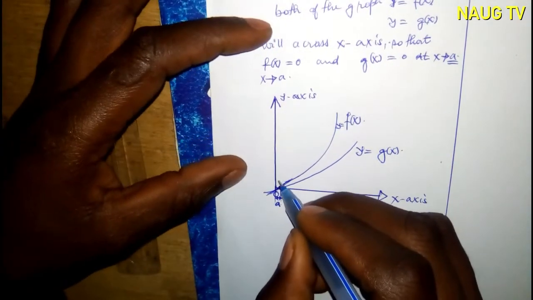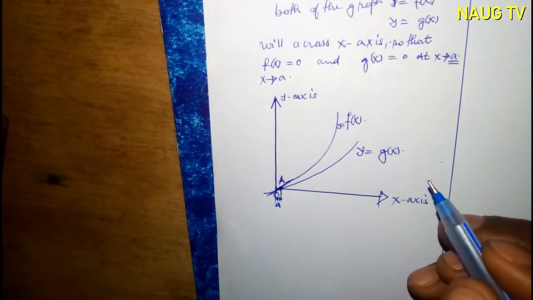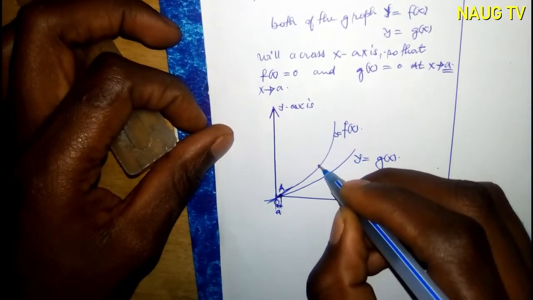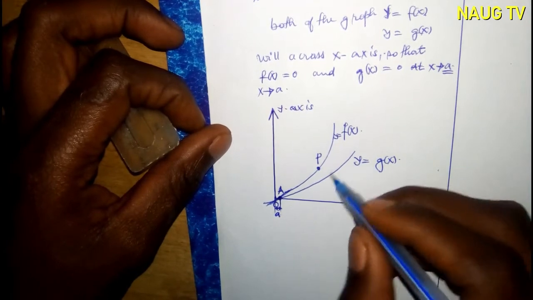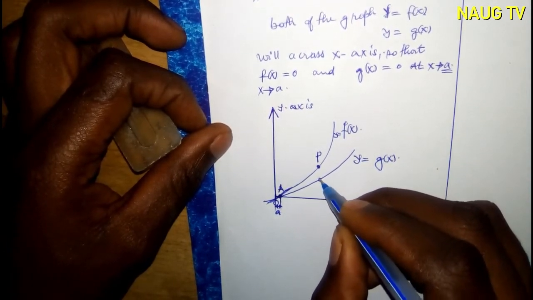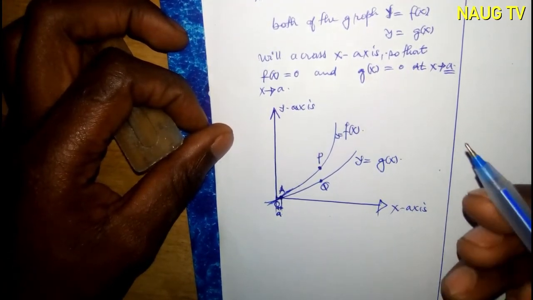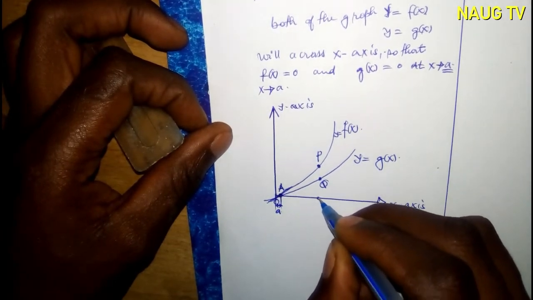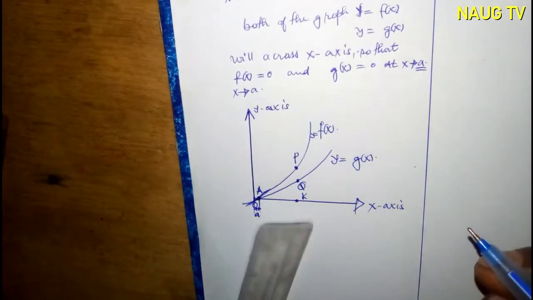So let's plot this point and call it a. Let's also plot another point here and call it p. Also let's plot another point here and call it q.